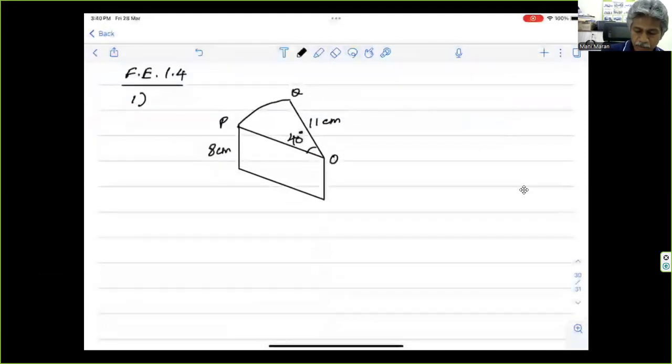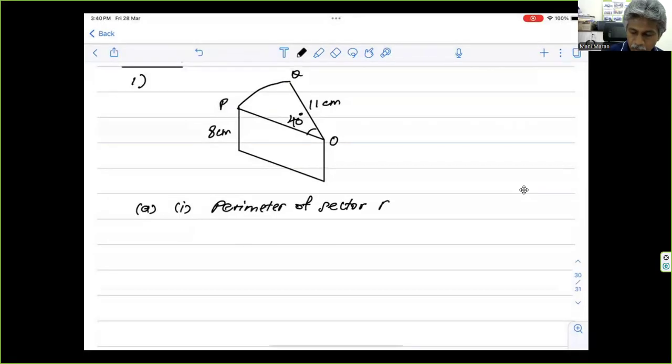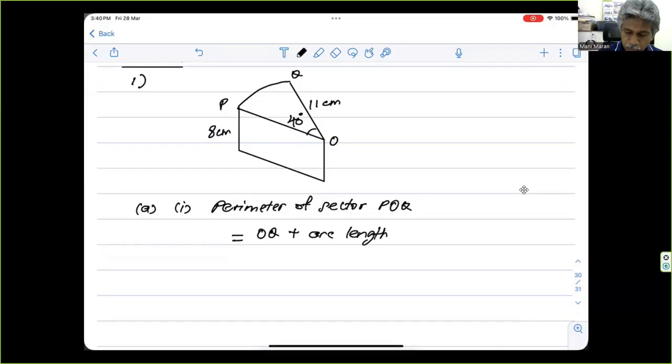So for part 1, you're asked to find what is the perimeter. So the perimeter of sector POQ is equal to OQ plus arc length PQ plus OP.